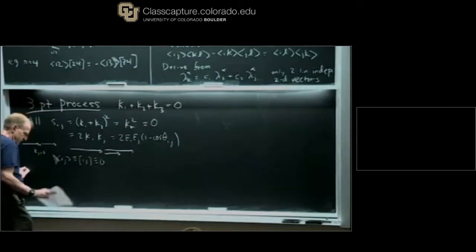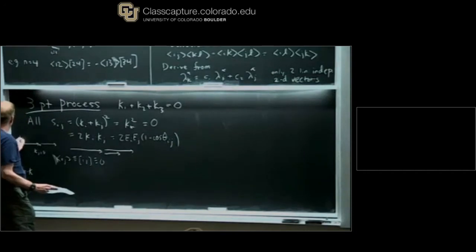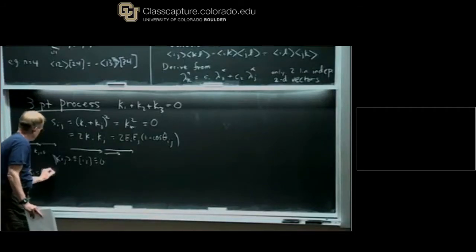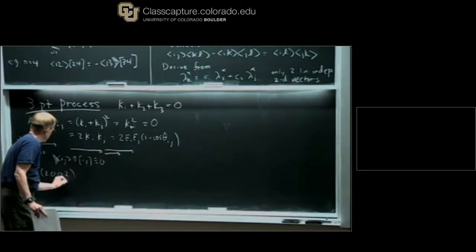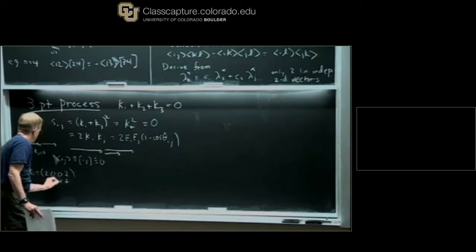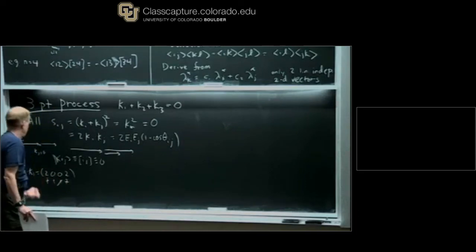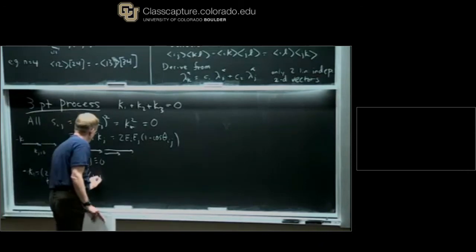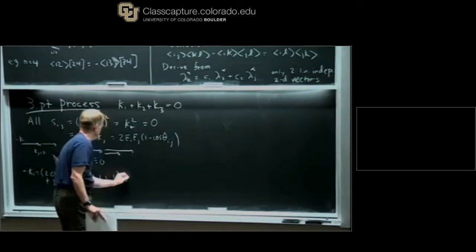And just heuristically, suppose we take this. We like to think of k1 as outgoing, but let me just say that minus k1 is incoming, coming in along the z direction. And then we can split it up into something like this.